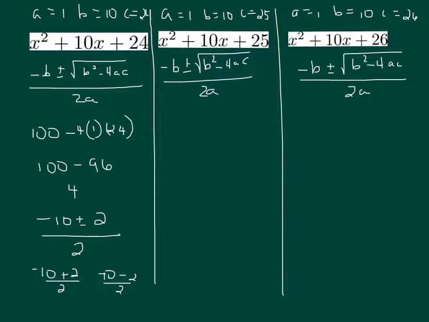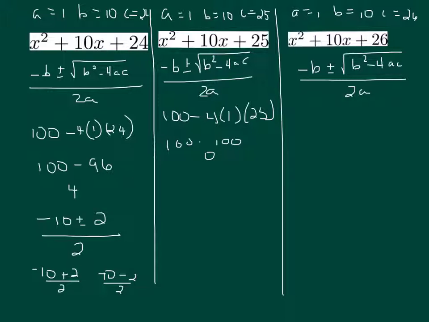Now, if I go to the same problem and look for my discriminant here, I get b squared, 100 again, minus 4 times a, which is 1, times c, which is 25. I get 100 minus 100. That's 0.